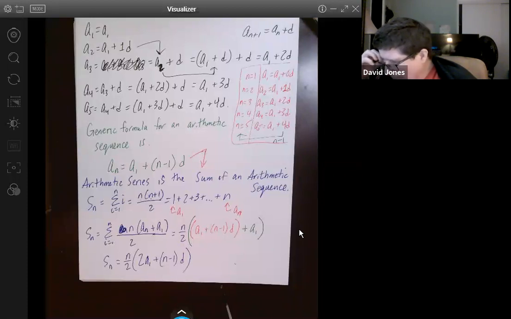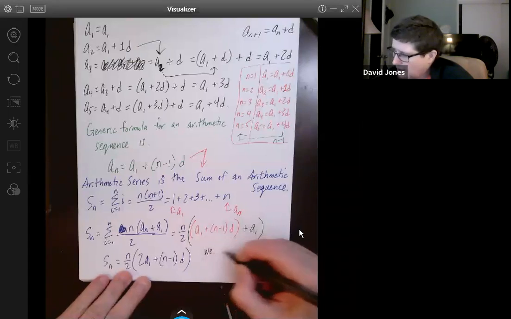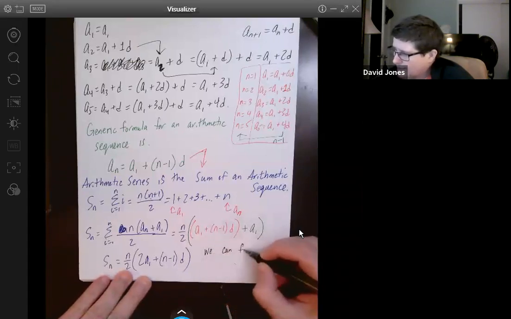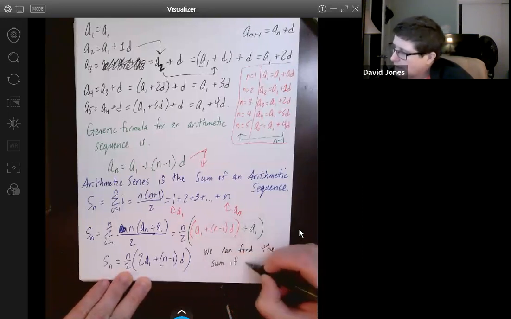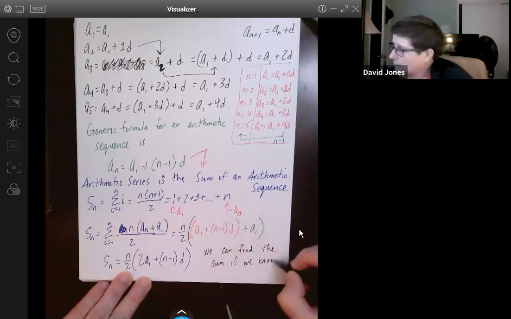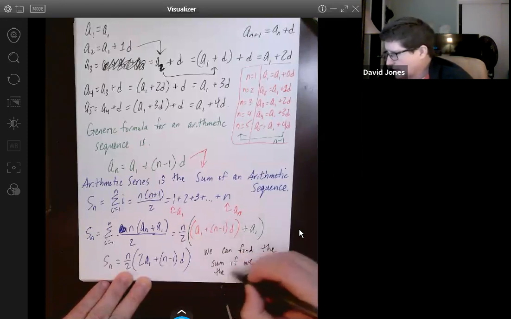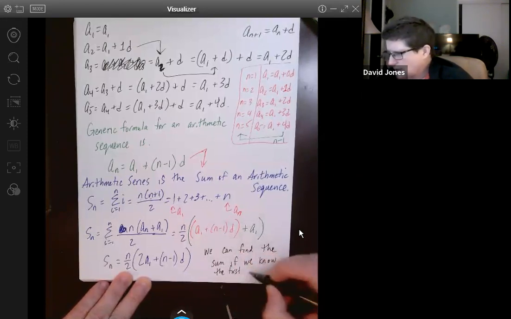Why does this help? We can find the sum if we know the first term, well, first two terms.